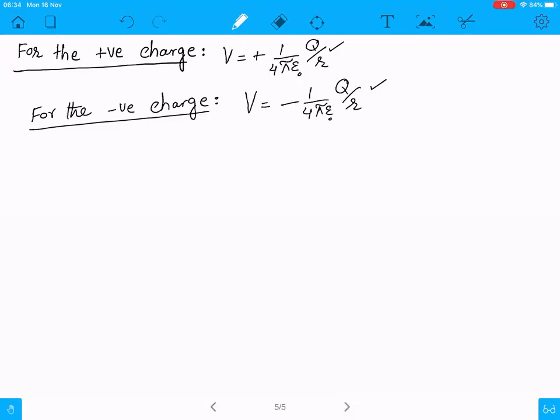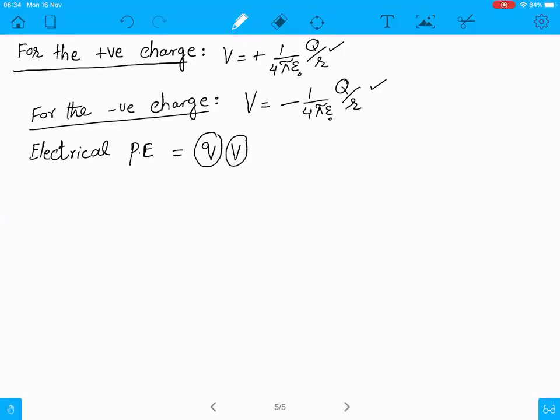Now, electrical potential energy will be equal to Q times V. Q will be the charge moved and V will be the potential at a point.